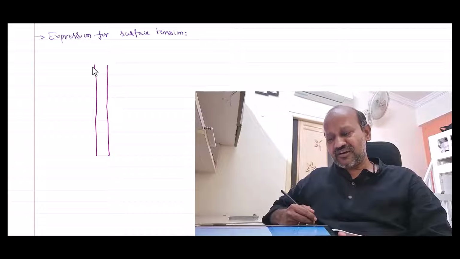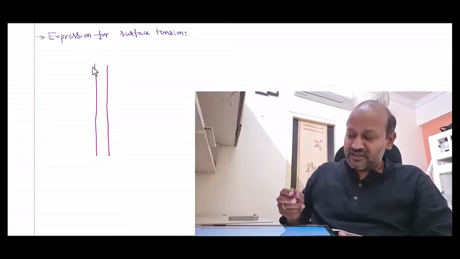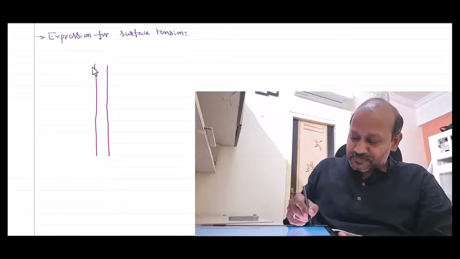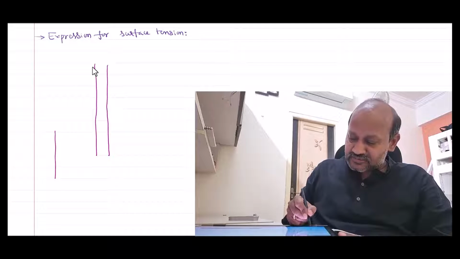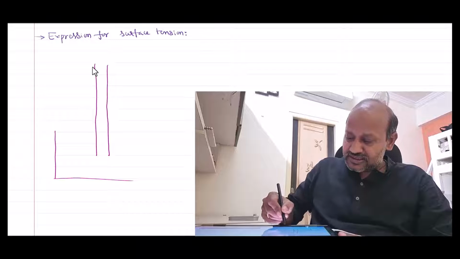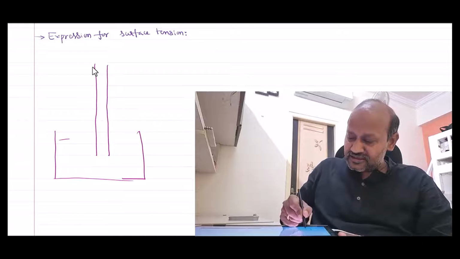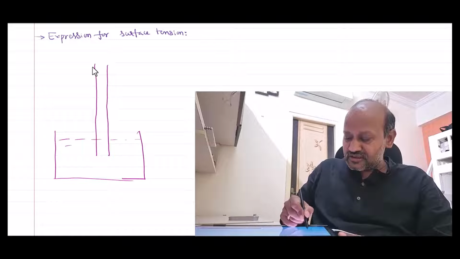I have drawn it a little big only to demonstrate, but practically it's not this big. Imagine this capillary tube is now placed vertically in a vessel which is filled with liquid.